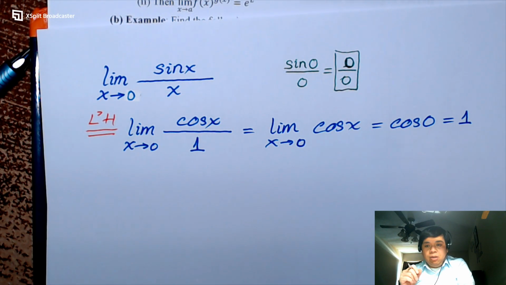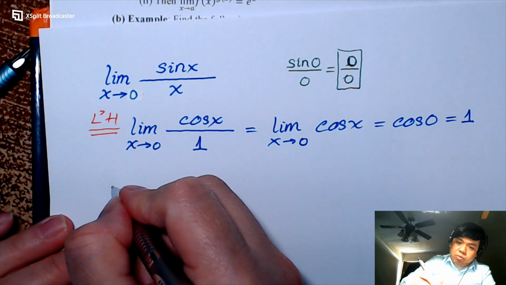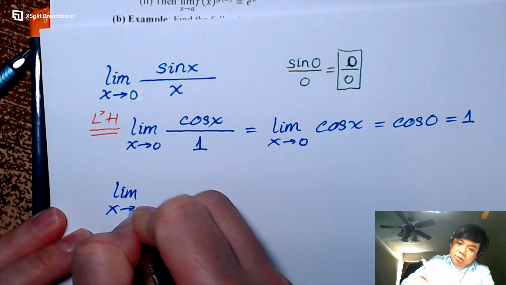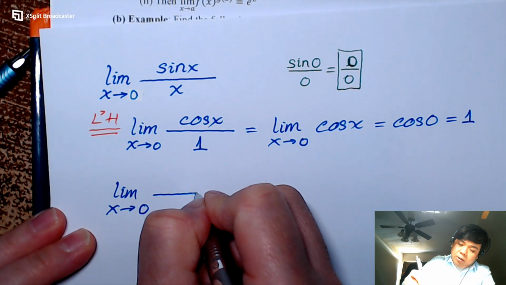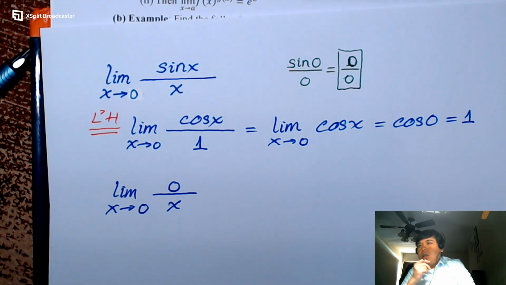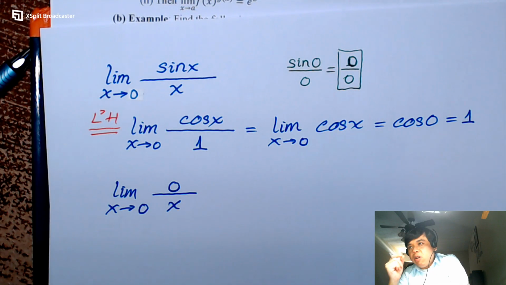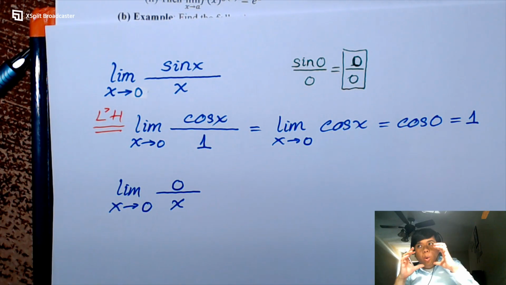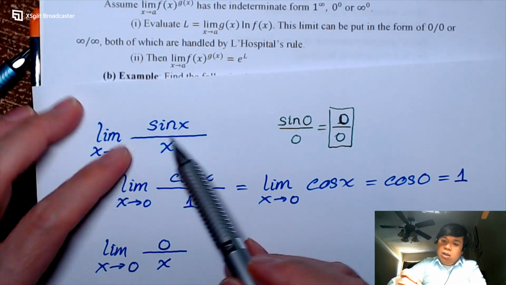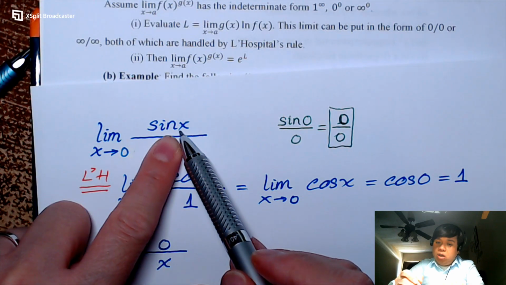Now, the thing is, it's not just the number 0 over 0. If I ask you, if it's this, you can say, okay, that is 0 over 0, but the difference here is that the top number is always 0. The bottom is changing, approaching 0.